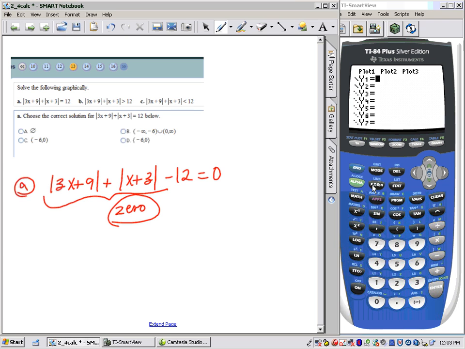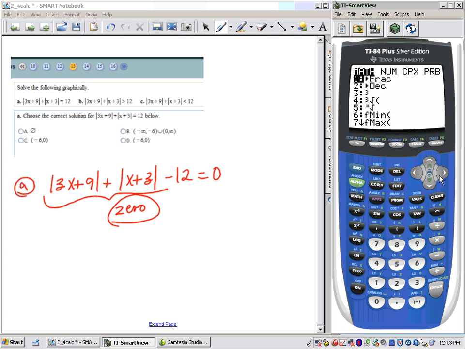So to have absolute value of 3x plus 9, close parentheses, plus the absolute value of x plus 3, minus 12, and graph.